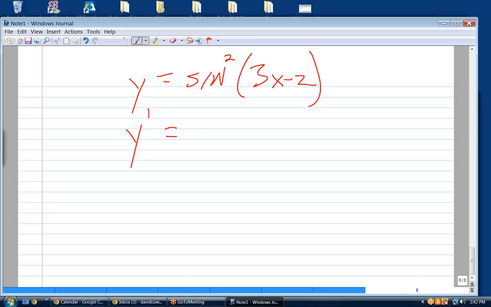Find y prime of sine squared. There's a couple of ways you could do this.